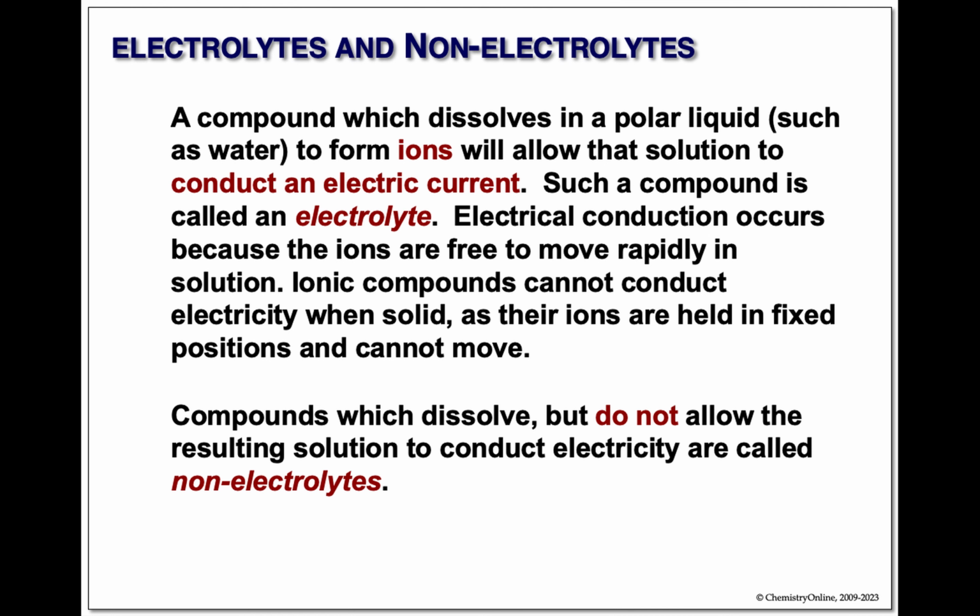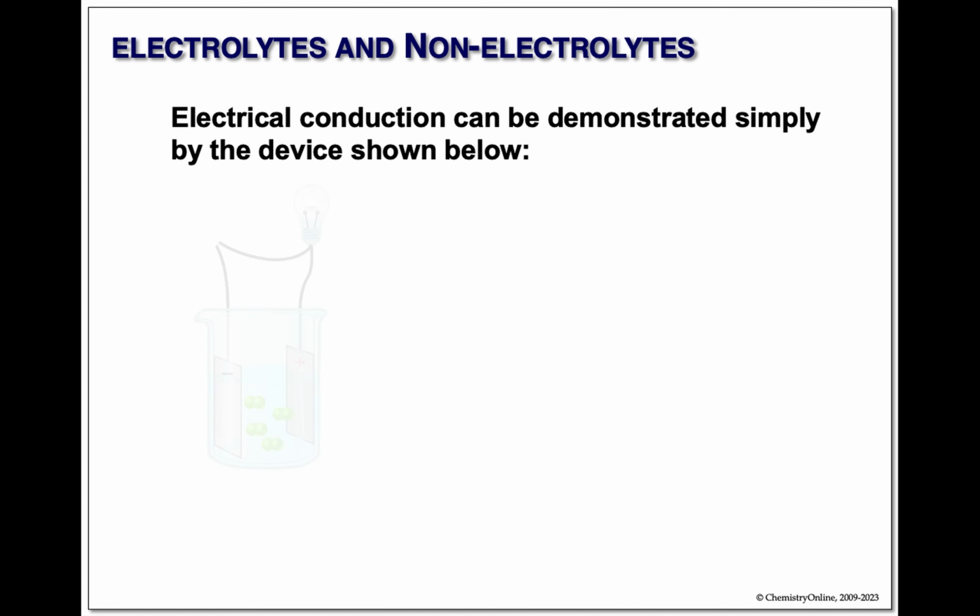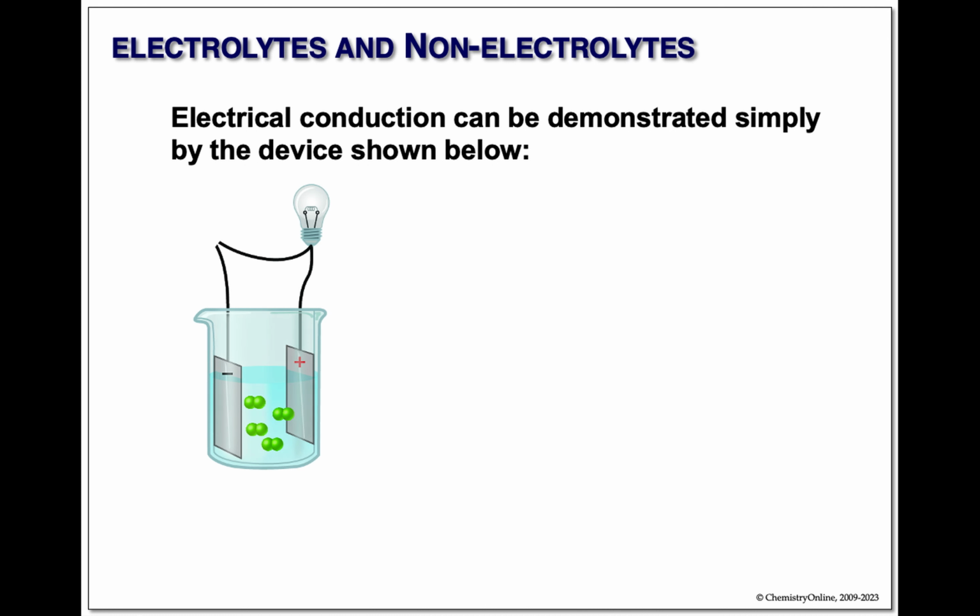When I was a child taking chemistry, we also did it. This is the apparatus that we used a very, very long time ago. It had metal plates that you dangled into a beaker of solution, a light bulb. And where do you get the electricity? Well, you plug it into the wall.